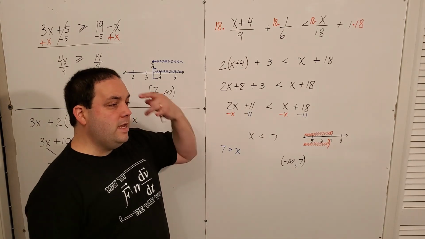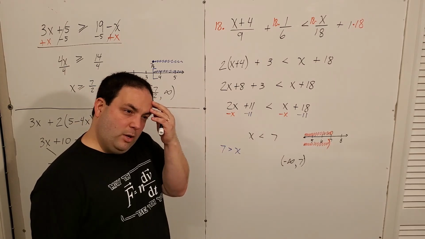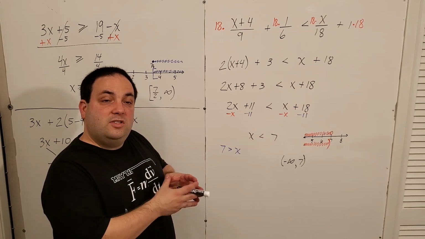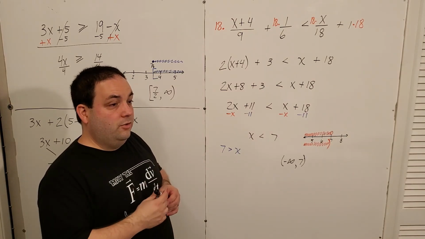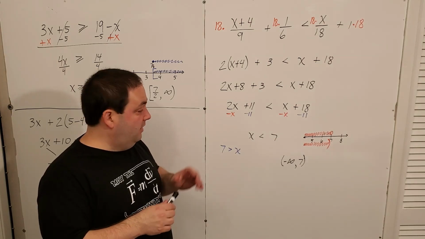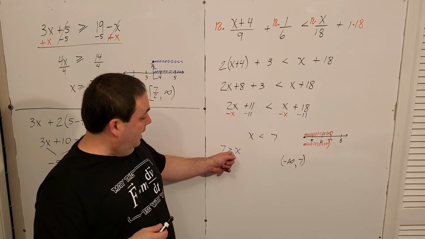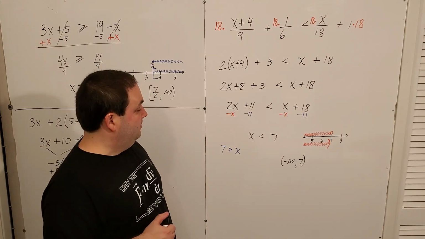But just the way we interpret, the way we read our sentences, the way we say our sentences, the way we think about our sentences, even in English, is that we like to have our subject of our sentence first, right? Unless you're a certain little green Jedi that likes to say things in reverse, right? Less than 7x is what this would say, right?